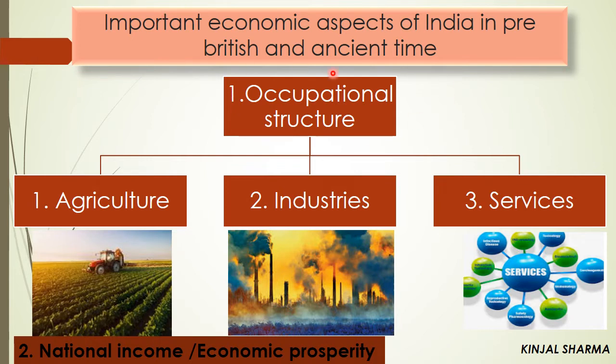Now let us look at the occupational structure, that is, the important economic aspects of India in pre-British and ancient time, which is mostly divided into three types: agriculture, industries and services. Now agriculture. As we all know, India was and is an agricultural country. The Indian agriculture sector was prosperous and a variety of crops were grown.